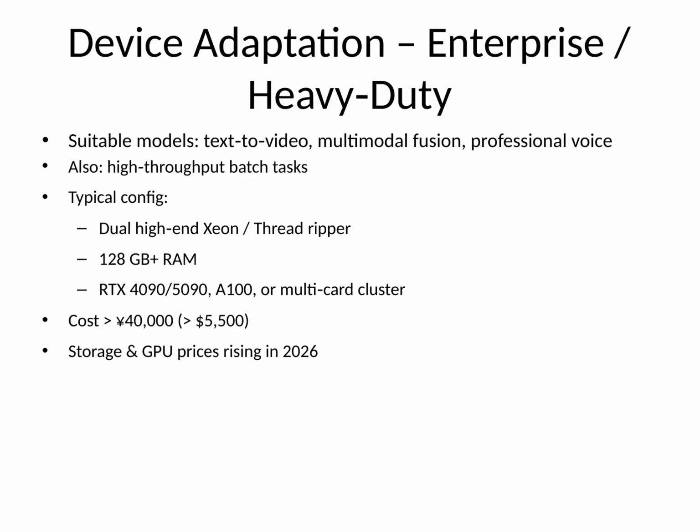In some cases, multi-GPU clusters are used to distribute large models or parallel workloads. Storage performance and network infrastructure also become more important at this scale. The total cost is significantly higher than personal systems, and hardware prices can fluctuate due to supply and demand.